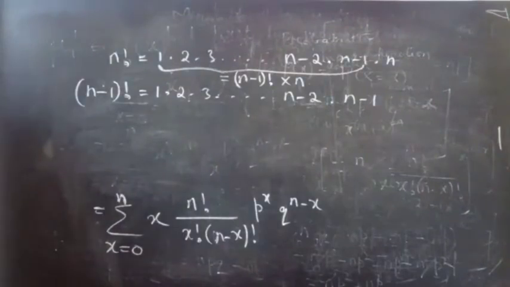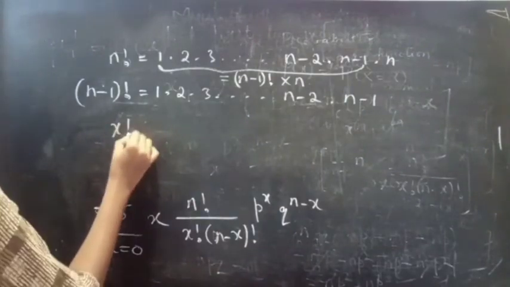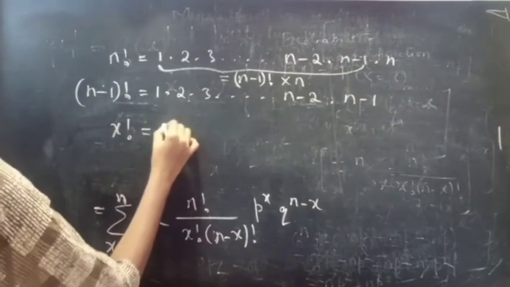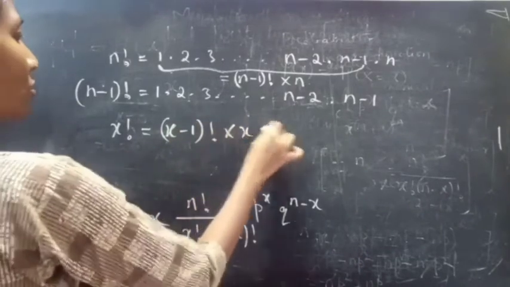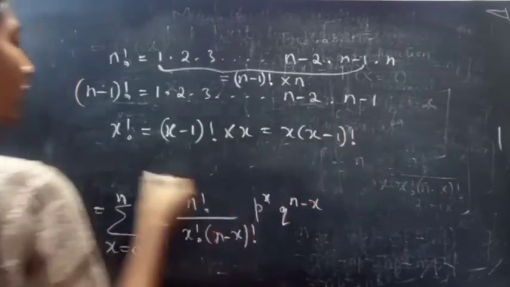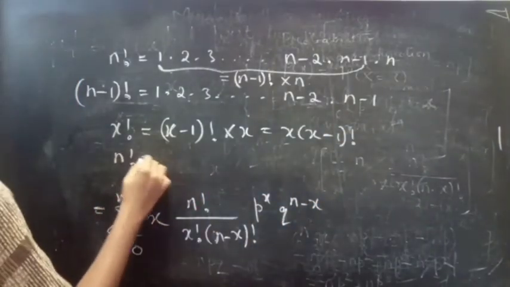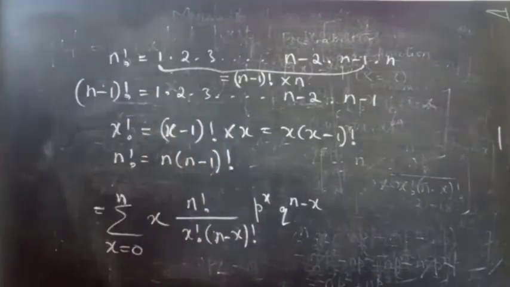So you could write n factorial as n into n minus 1 factorial. Likewise, you can write x factorial as x into x minus 1 factorial.